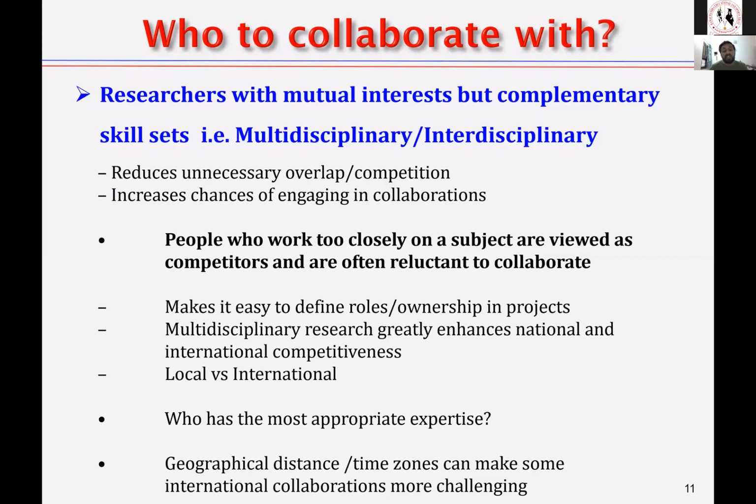And if you do international collaboration, the time zone change and the language change and the accent change are a problem. So one has to be careful when you do international collaborations.